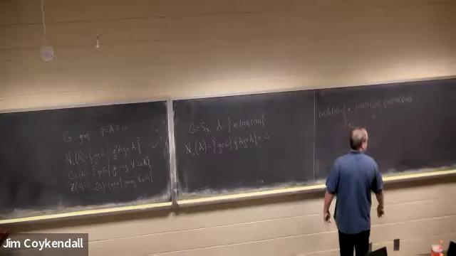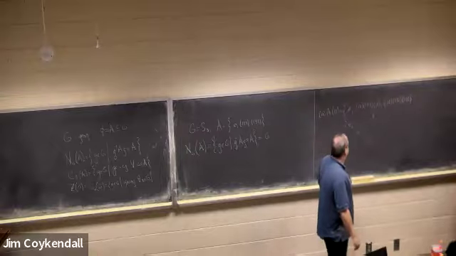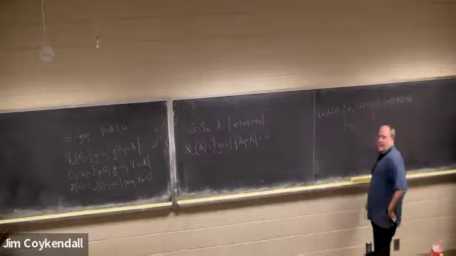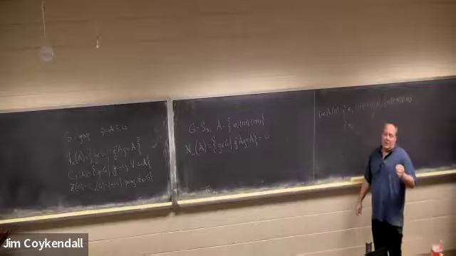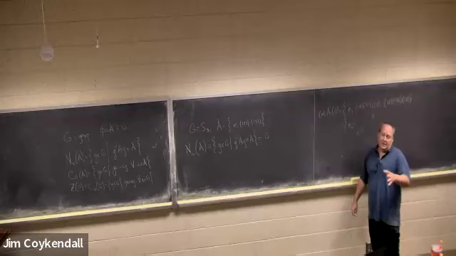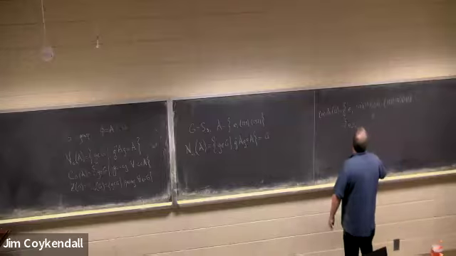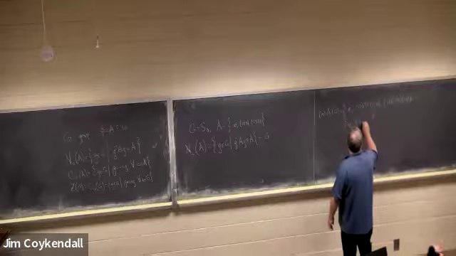Index two implies normal, but normal doesn't imply index two. What we proved in the homework is that if you have a subgroup of index two, it's normal. But if it's normal, it doesn't mean it's index two. There are plenty of normal subgroups that are not index two.